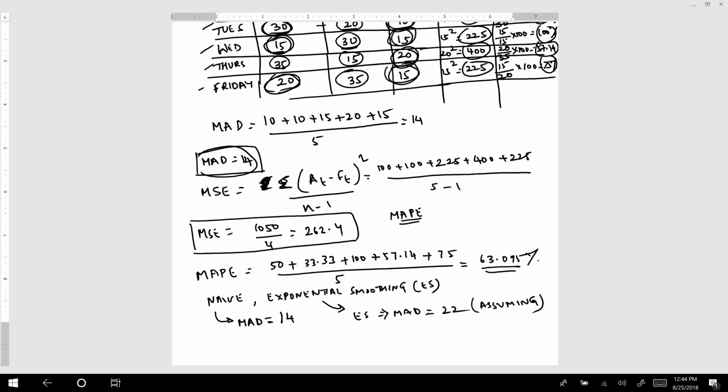I have to go through all these calculations to get this. So if a manager wants to determine which model is best, the naive model is best because the error we are making is less on an average compared to exponential smoothing. So this is the best model.